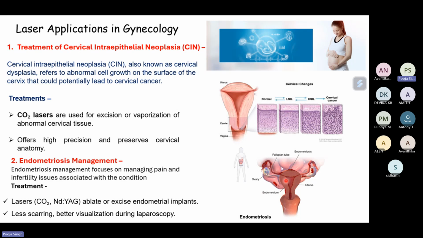This is also near the uterus, and the focus is on managing the pain and infertility issues that occur. You can also use the CO2 laser for ablating or removing this kind of tissue near the uterus.